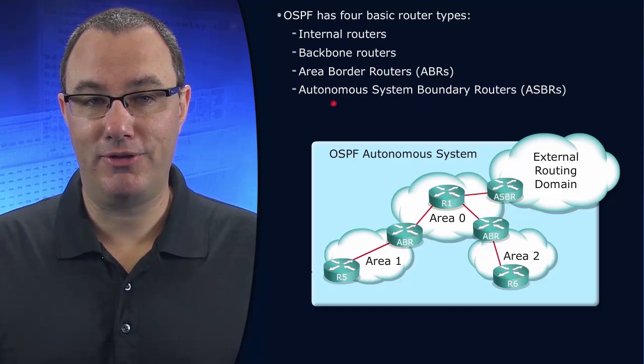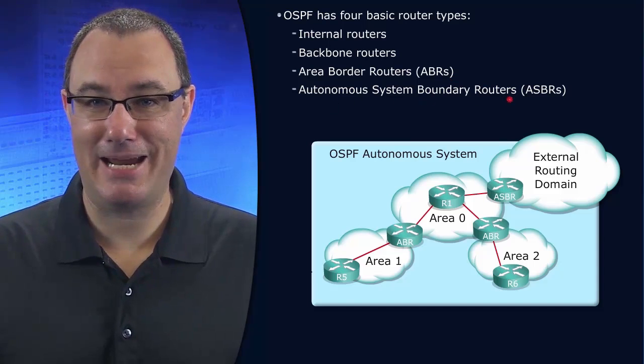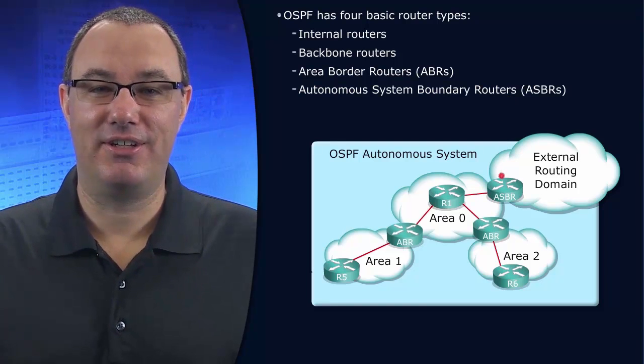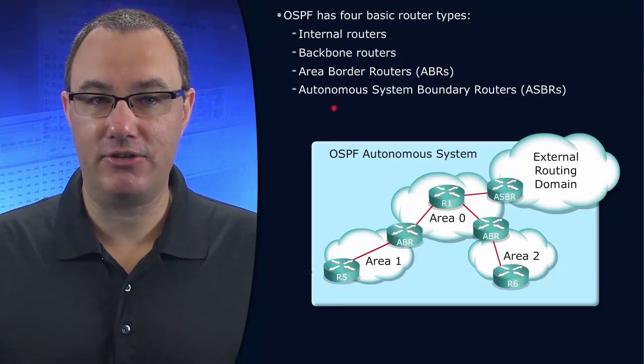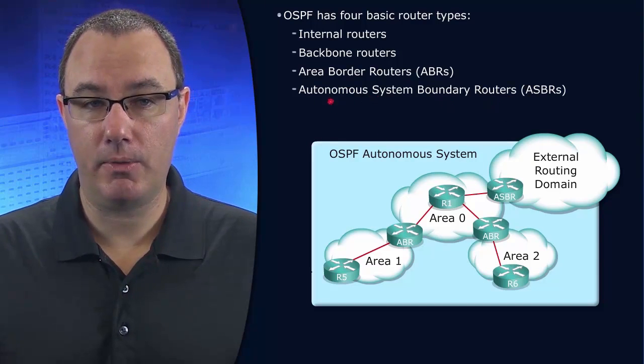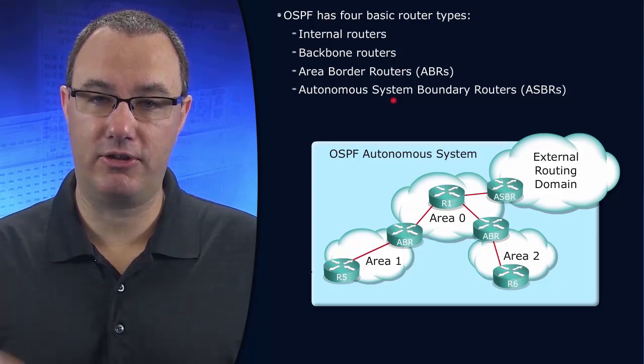And I don't want you to confuse that with the other acronym name OSPF router type, and that is an ASBR. That is an autonomous system boundary router. Now I want you to look at the name of this router type, autonomous system.